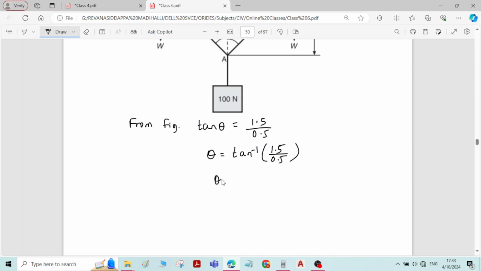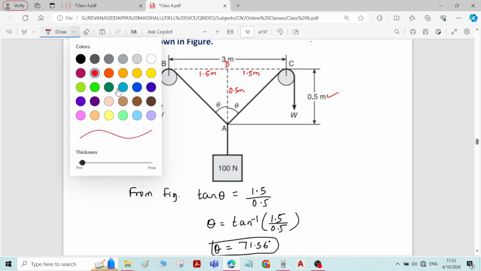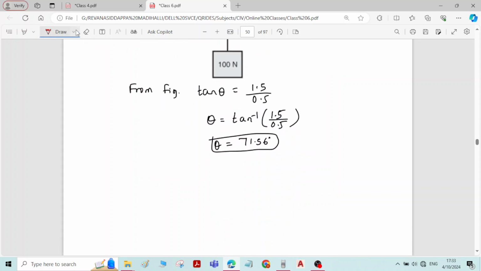So by this we will get the angle theta, that is 71.56 degrees. Okay, now the angles are 71.56 degrees. Let me write the angles: 71.56, 71.56.